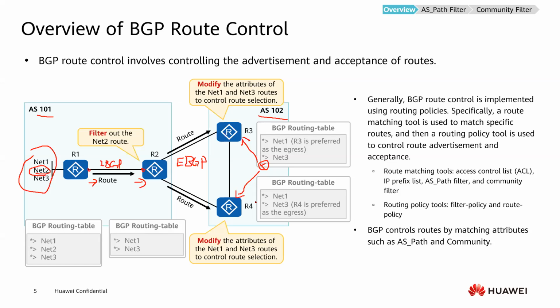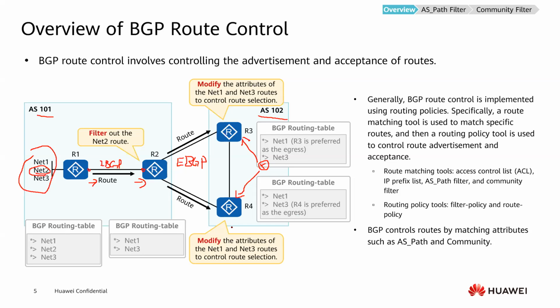For BGP route control, there are some methods you can use. You can use route matching tools to match specific routes, such as the ACL and the IP prefix list. We just talked about them before. You can also use the AS-path filter and the community filter to match path attributes, such as the AS-path and the community attribute on the BGP route.